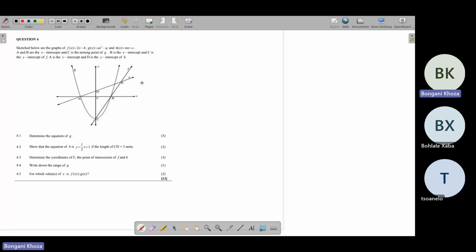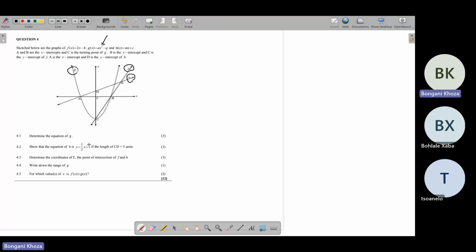So we have three graphs in total. F is a straight line, g has that squared over there, so it's this parabola over here. And then h, it's this line over here. As you can see, next to each line there is some letter identifying which is which.